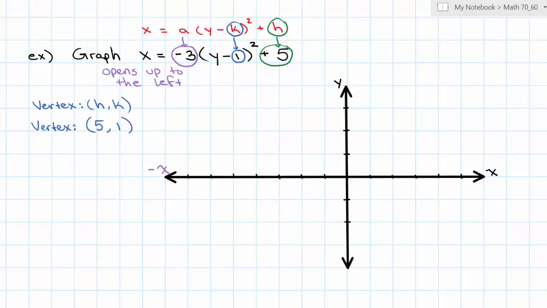My axis of symmetry is going to be y equal to k. So whatever your y value is right here, that's going to be your axis of symmetry. So axis of symmetry is going to be y equal to 1.